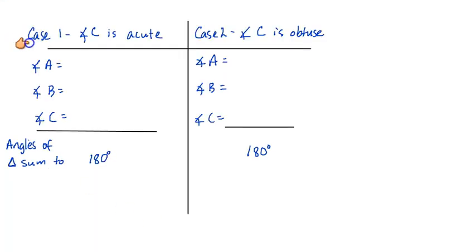I now consider my two cases. Angle C is acute. Now remember, angle B we're stuck with. It's 38 degrees. Angle C, the acute possibility, was 75 degrees. Do we have anything left over for angle A? Yes, 180 minus 75 minus 38 will give us 62 degrees, so that's good.